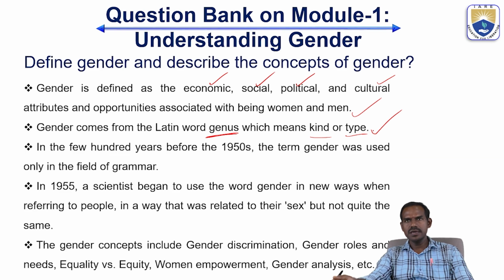Here, man or woman, masculine or feminine. Masculine corresponds to man, whereas feminine corresponds to woman.